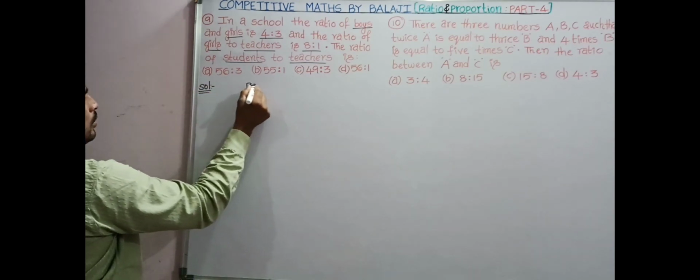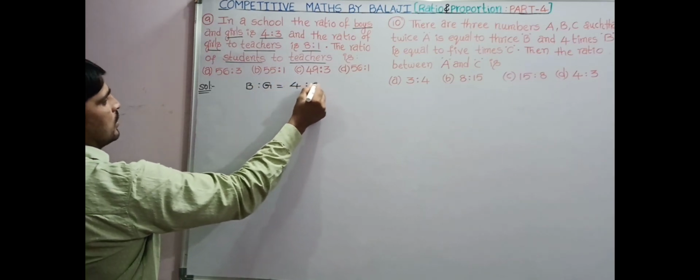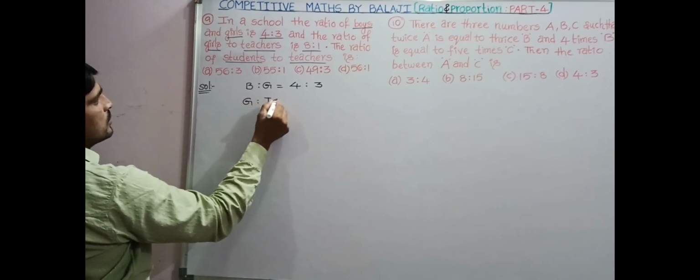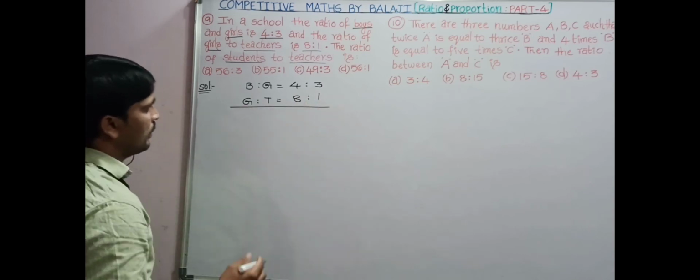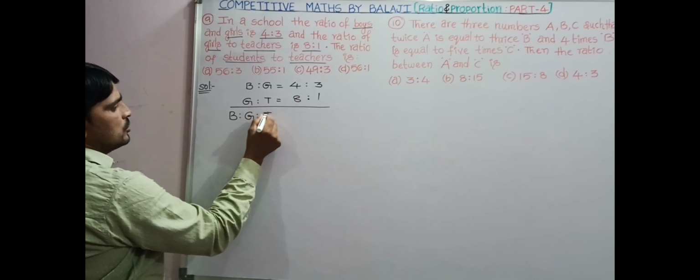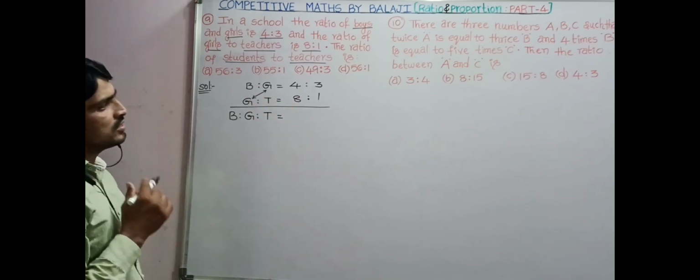Here the given boys to girls ratio is 4:3, and girls to teachers ratio is 8:1. Then we can find the boys to girls to teachers ratio, and here girls are the connecting term.